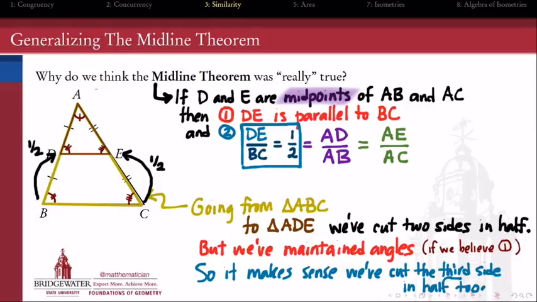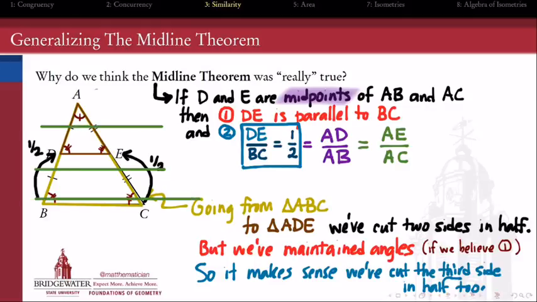So the midline theorem makes some intuitive sense, because all we're really doing is cutting this entire triangle in half in some way. So can we generalize that? What would happen if I take this line DE, which we constructed by insisting that it connect the midpoints of the two sides AB and AC, and I decide to relocate that line so that maybe it's here instead, or maybe there, or here?